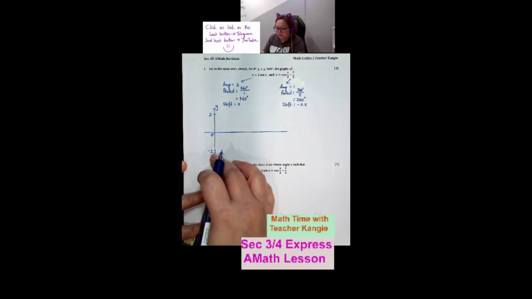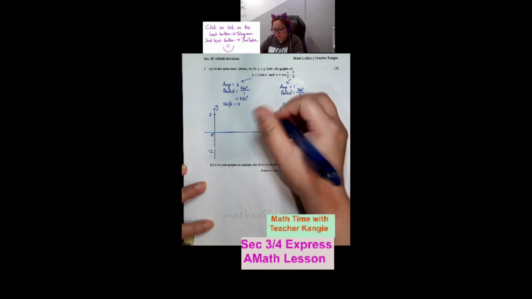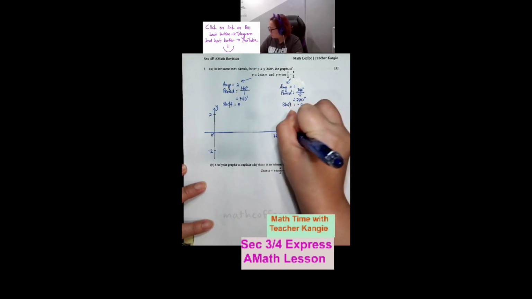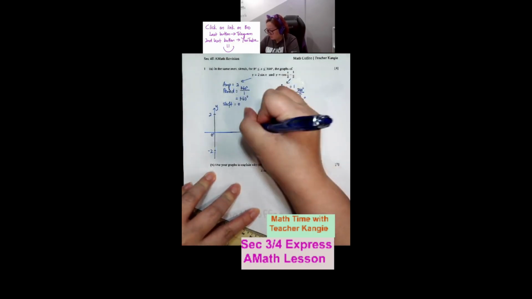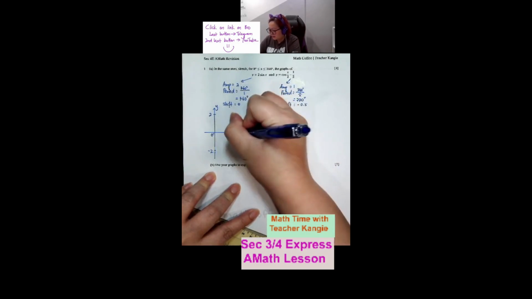Okay, so now let's take a look at the normal sine graph first. I'm going to mark out 360 degrees. Half of it will be 180. Another half will be 90. So now you know that one interval for the sine graph is 90.